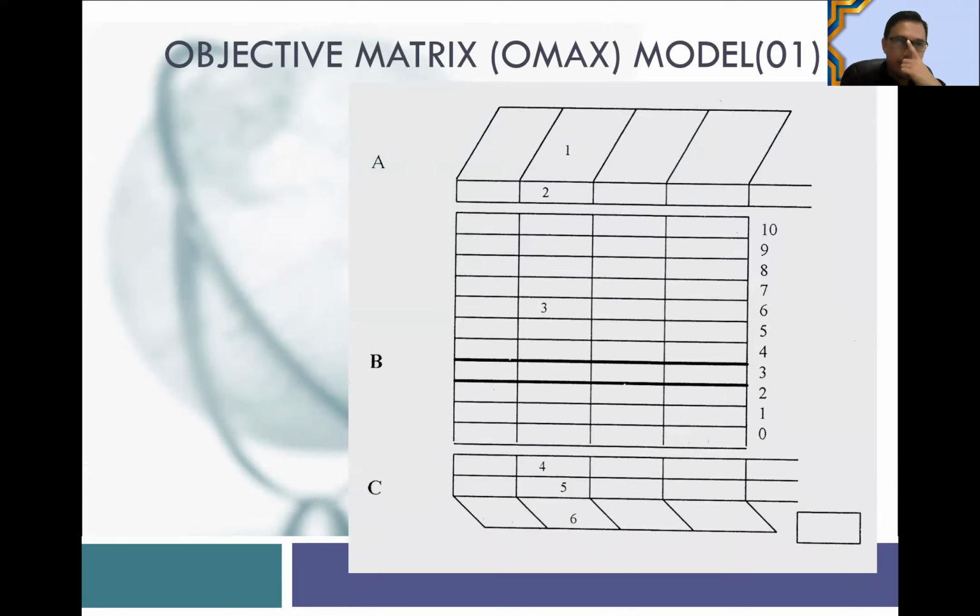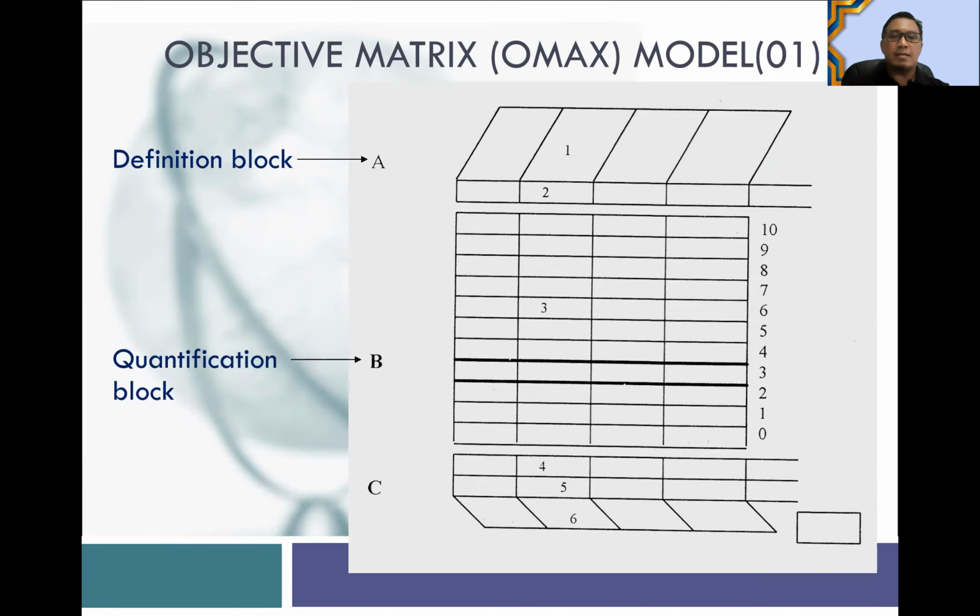The appearance of OMAX is pretty much like what you see on your slide now. There are three main parts of OMAX. The first one is the A part, the definition block. Then the B part is the quantification block, and the C part is the weigh and value block.